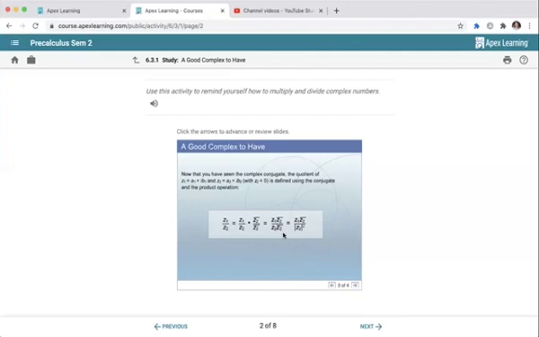We multiply by the complex conjugate of the denominator on the top and on the bottom, because this is essentially like multiplying by 1. If we do this, we get this Z2 squared down here, which gives us a real value, and so it simplifies our denominator, and we can then continue on with our operations.